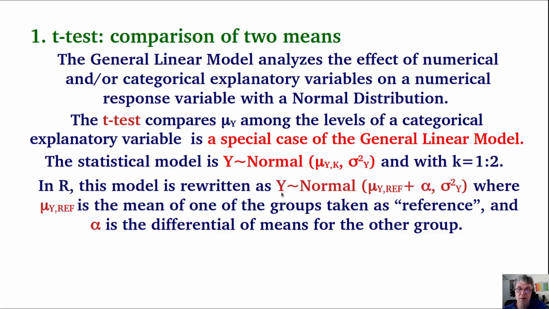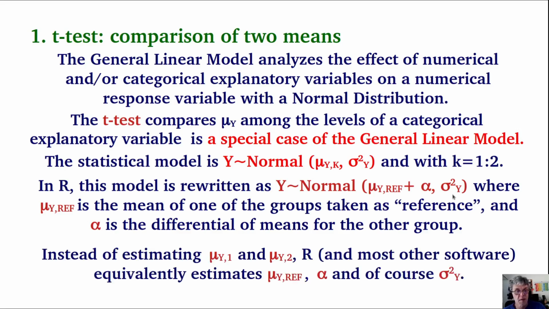The response variable again follows a normal distribution, but now we write the mean in the following way. We now define one of the two groups as the reference group, and we call it ref, and alpha is the differential, the difference of means, which can be positive or negative, between the reference group and the other group, and sigma squared is the variance that reflects the variation of the response variable around its mean.